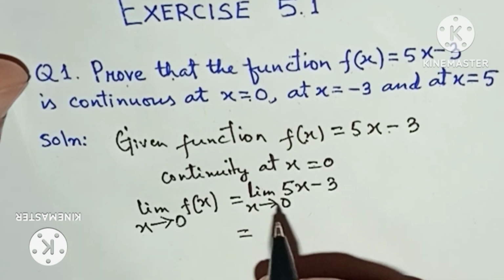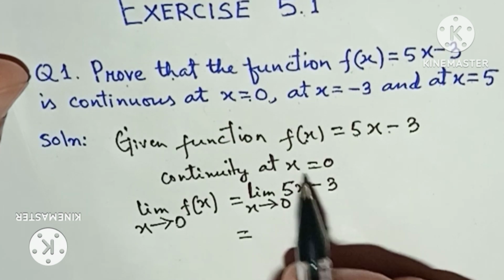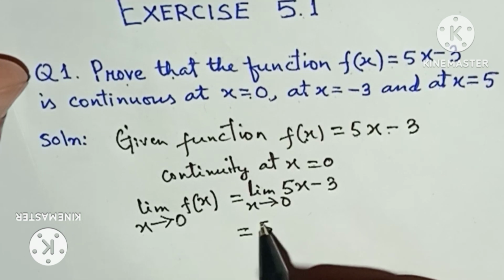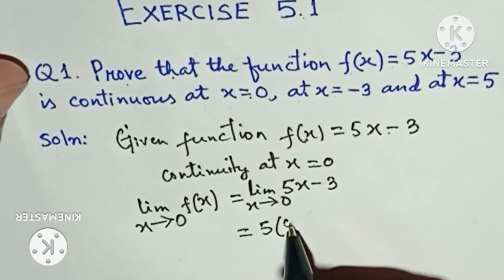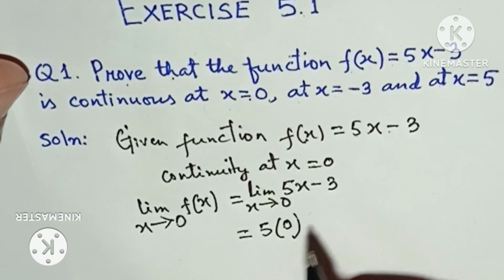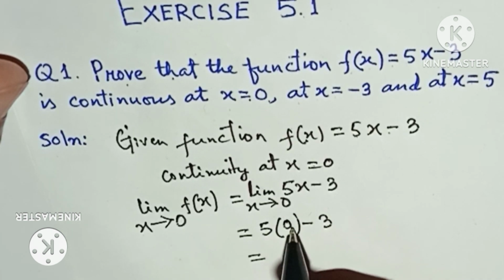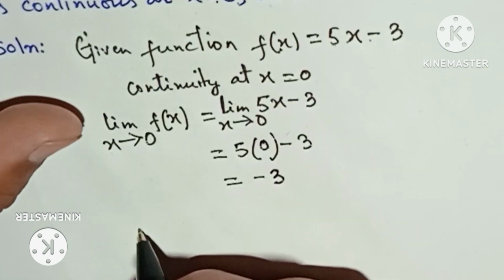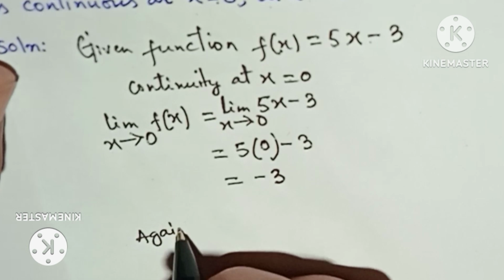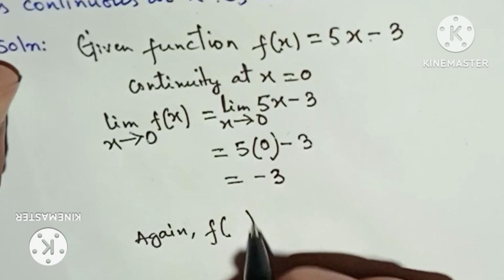Now substitute the value of x equal to 0. 5 times 0 minus 3. 5 times 0 is 0, now minus 3. Again, let us put the value into f of x.